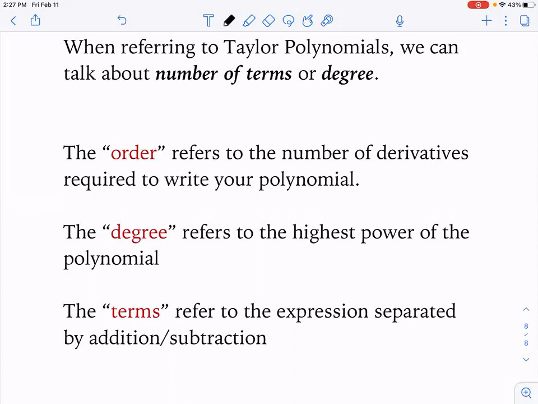Exactly 4 terms, would it be? So I'm usually going to say non-zero terms, so then it would skip the zeros.